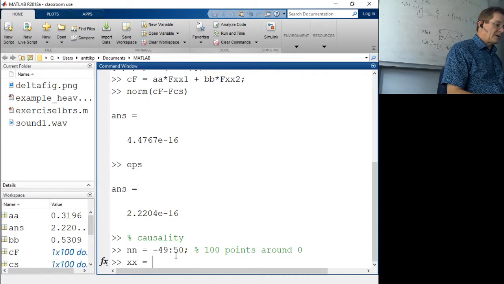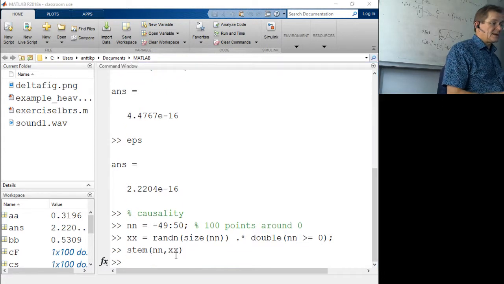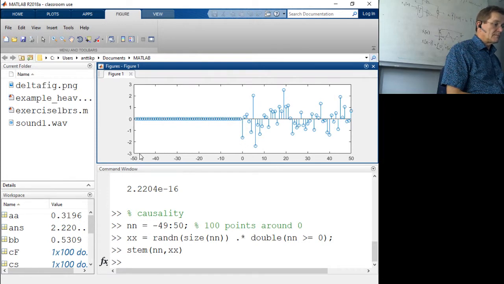And my test vector here is of size NN, multiplied by double of NN greater than or equal to 0. So our signal starts at origin. So stem of NN, XX. There we go. So that's the origin, and that's where the signal starts.